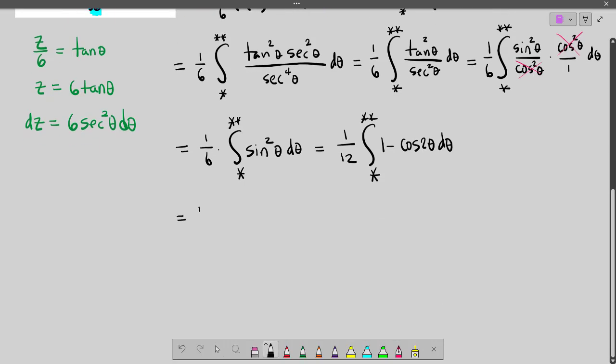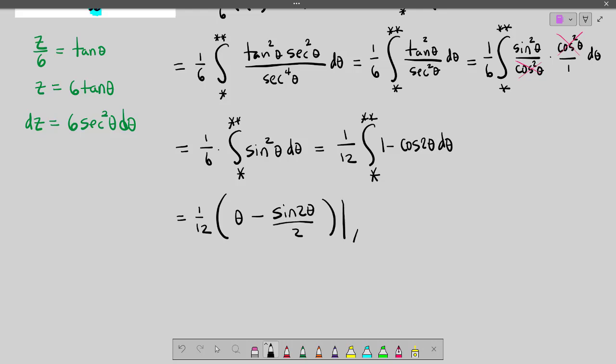So we are now integrating. The integral of 1 with respect to theta is theta. Integral of cosine is sine of the same angle divided by the derivative of the angle. Placeholder limits.